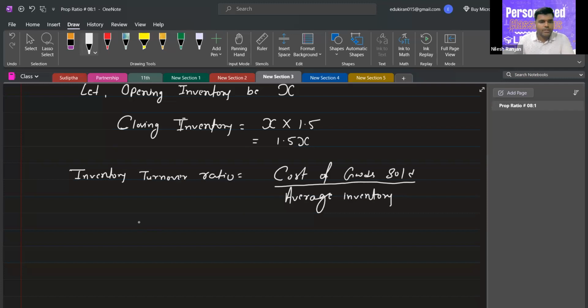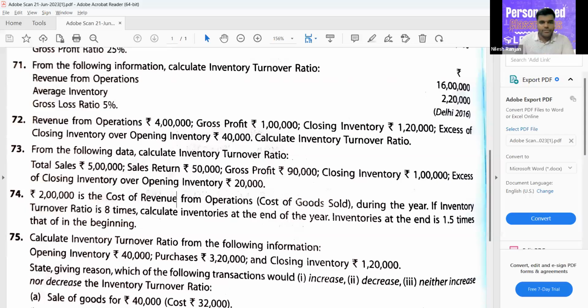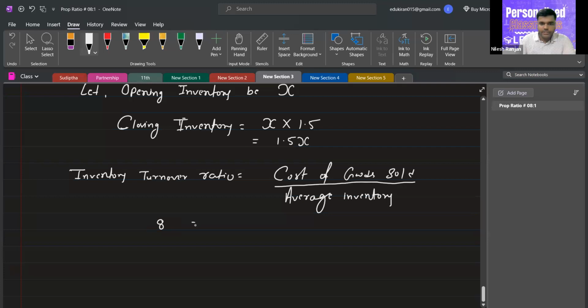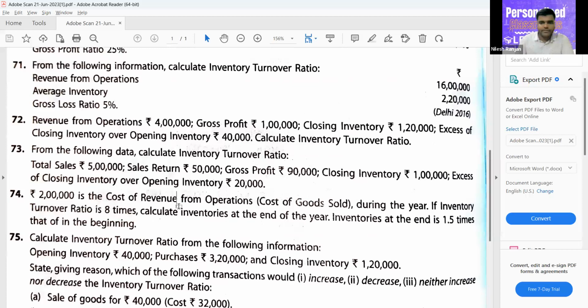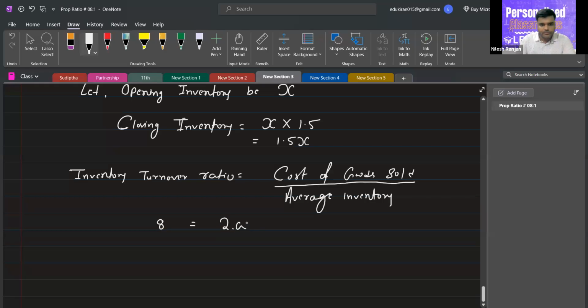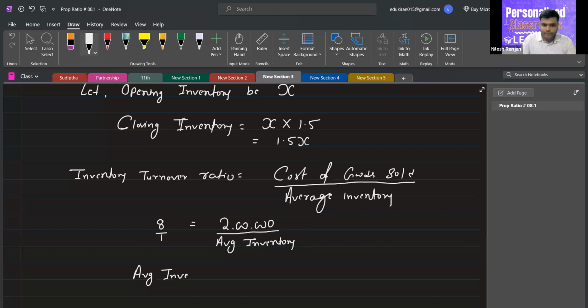Our inventory turnover ratio is 8 times, so we will write 8 here, and cost of goods sold is 2 lakh. But average inventory we don't know, so we will write average inventory here. Now the cross multiplication: average inventory into 8 equals 2 lakh.